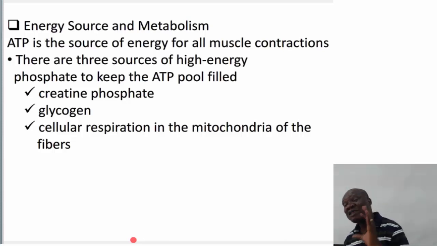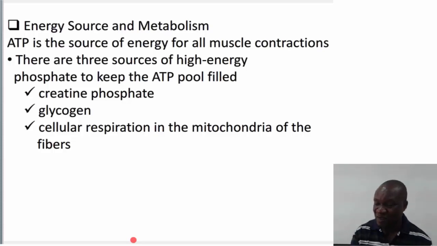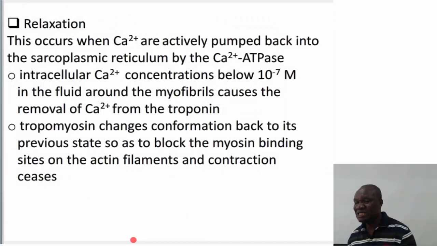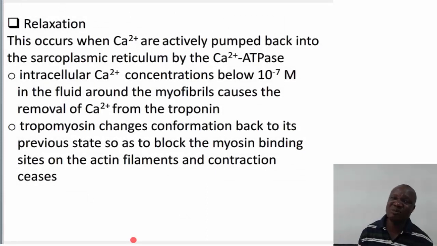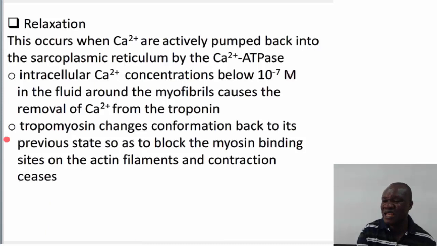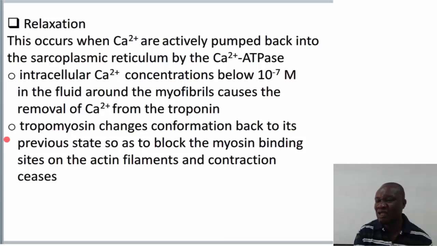Now we're going to look at the energy source for the muscle contraction. We've seen that both contraction and relaxation require energy, because the calcium reduction that we find during relaxation is due to the fact that calcium is actively pumped back into the sarcoplasmic reticulum.